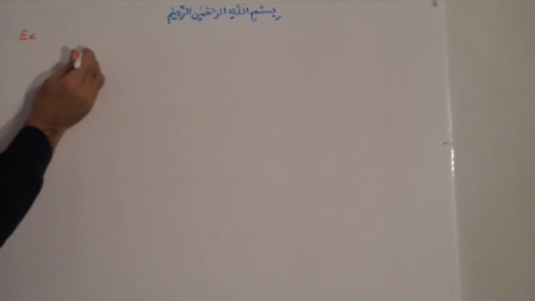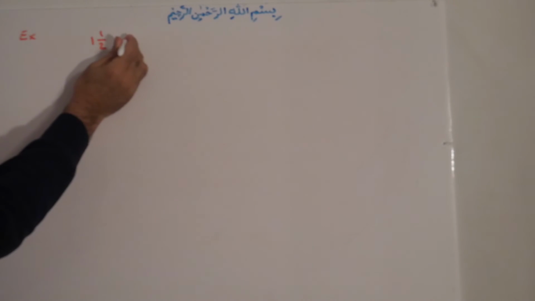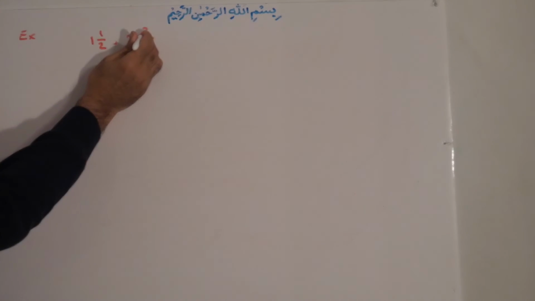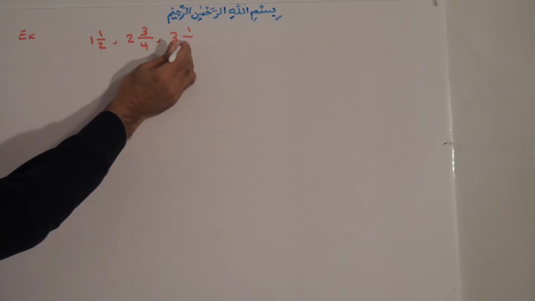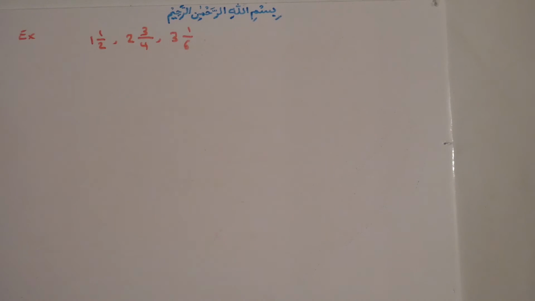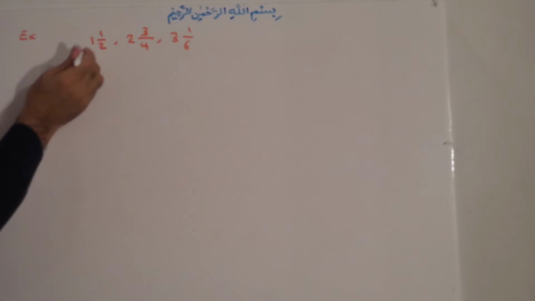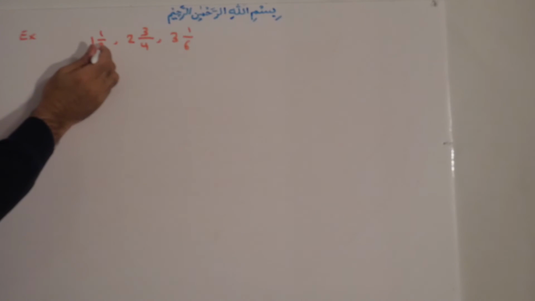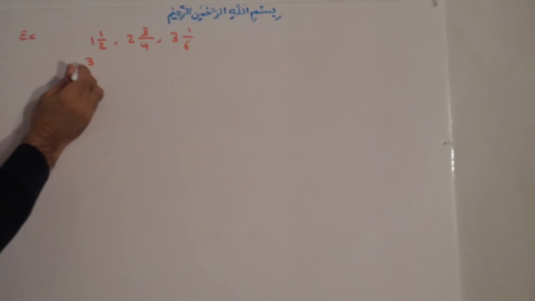And now another example. 1 1/2, 2 3/4, and 3 1/6. First of all, we make all of them with a denominator and numerator. 2 times 1 is 2, 2 plus 1 is 3/2.